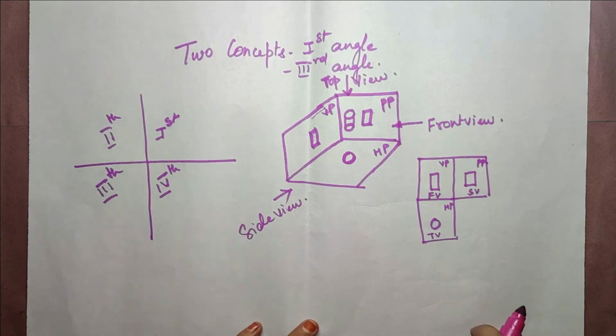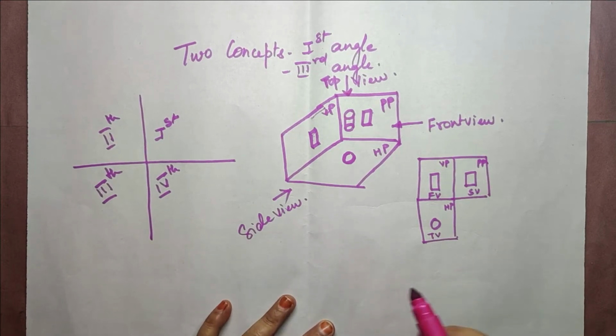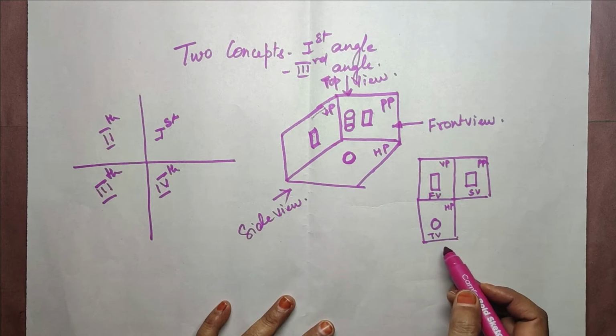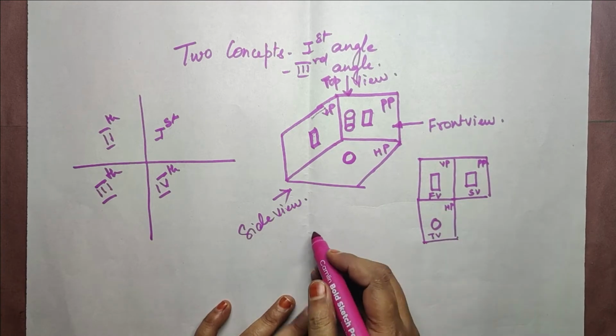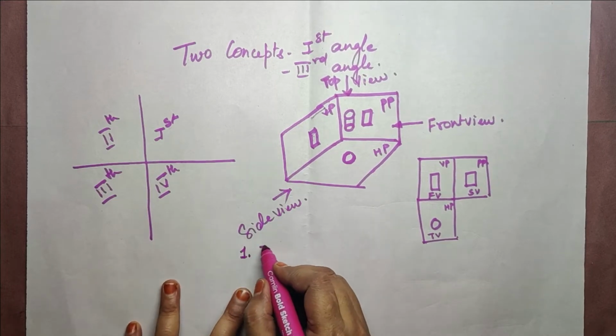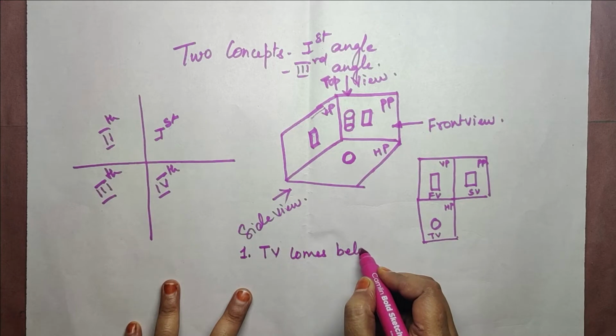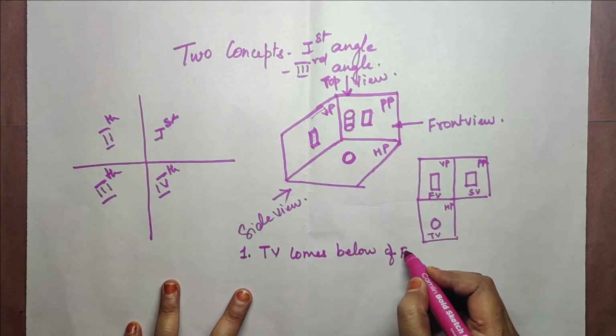Okay, so in first angle projection, the top view comes below the front view. Okay, so first point is the top view comes below of front view.